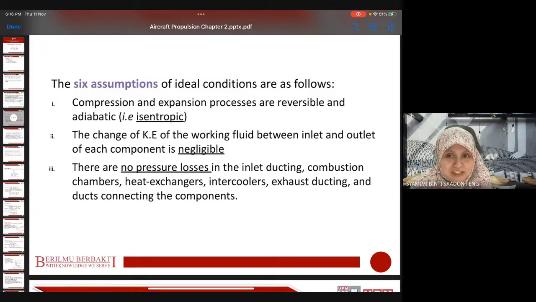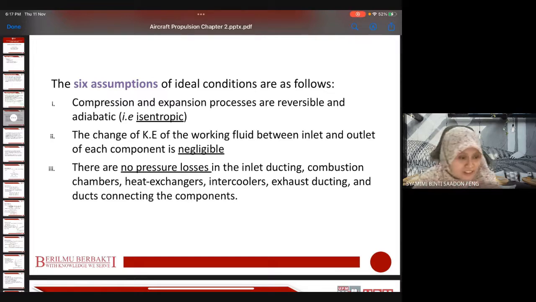Reversible means that the process can be reversed, like a flashback, which normally is not true. We always have friction loss, so energy loss. But in this ideal case, we assume that the compression and expansion processes are reversible and adiabatic.